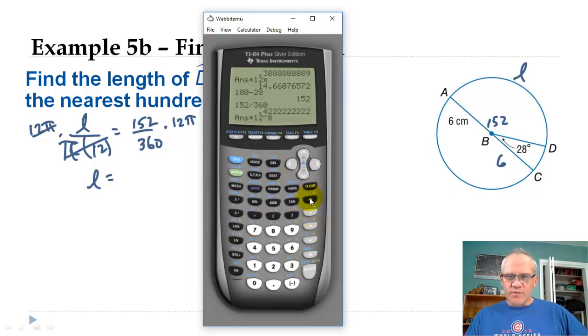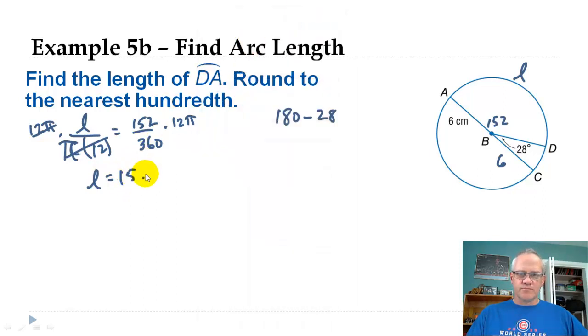When I went back, I had to re-hit the second function button. There we go, 12 pi. And again, nearest hundredth, so that's going to be 15.92 centimeters.